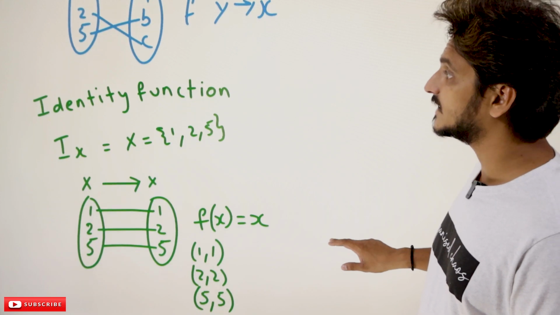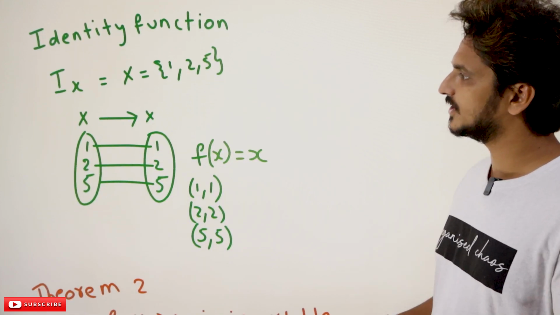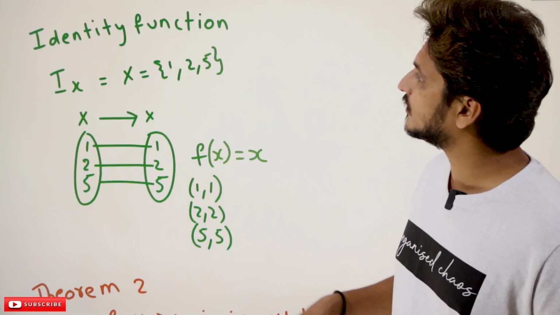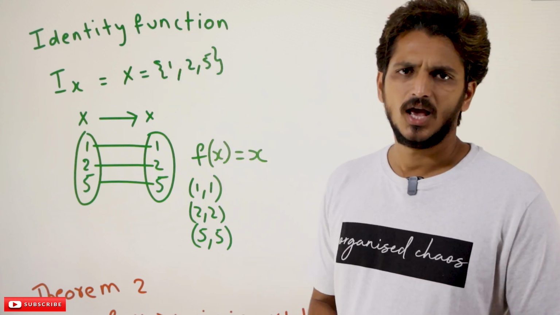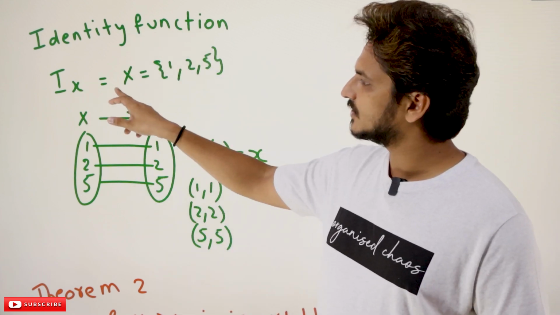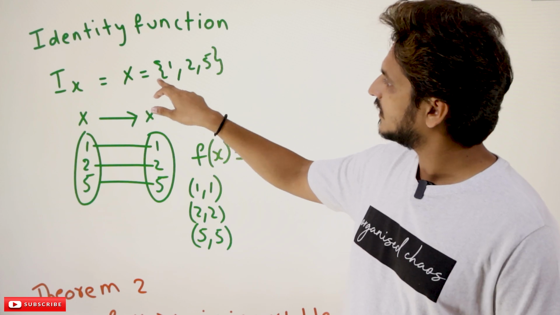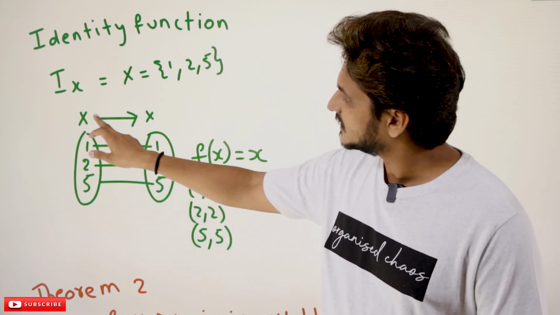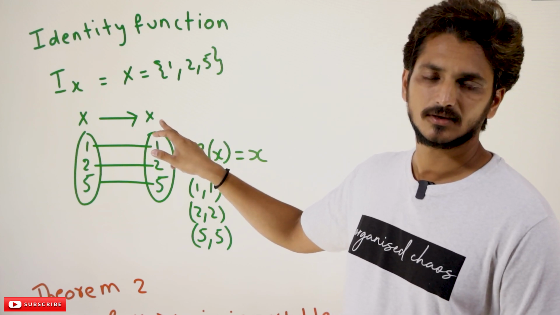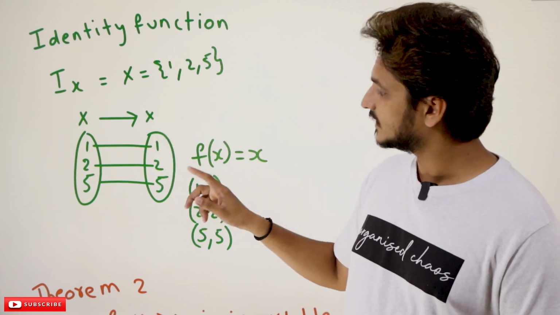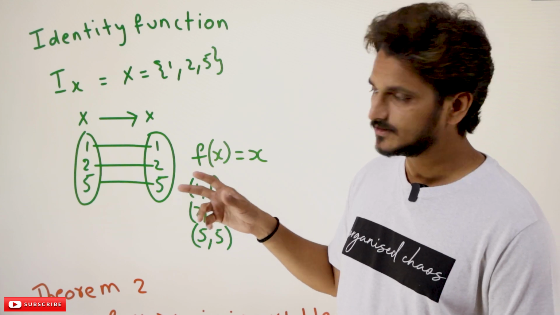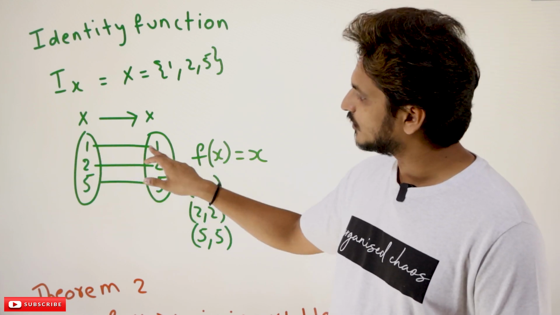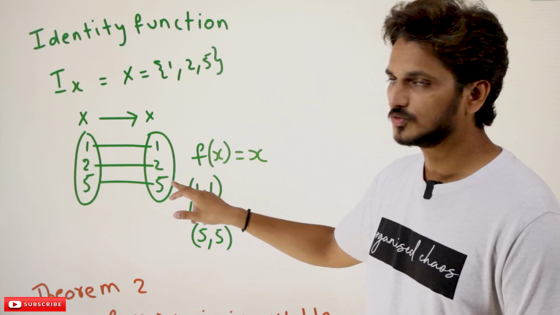And coming to the next example, before moving on to the next theorem, we need to understand the concept of identity function. The identity function I_X: take a set X equal to 1 to 5. Identity functions are applied on X mapping to X, and the function maintains this property: 1 maps to 1, 2 maps to 2, 5 maps to 5.